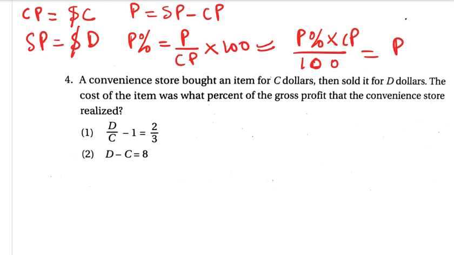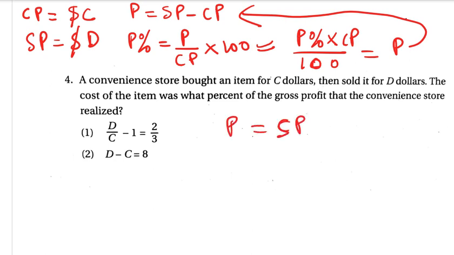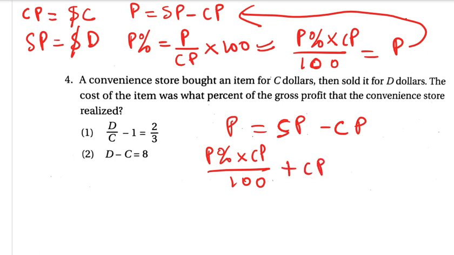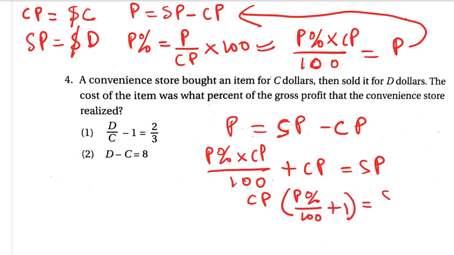Now let's plug this value into this formula. So profit is equal to SP minus CP, and profit is actually P percent into CP by 100. Now bring the CP to this side and write SP. When you take the CP common, this becomes P percent by 100. All of you have studied this in smaller classes. Now let's continue from here.